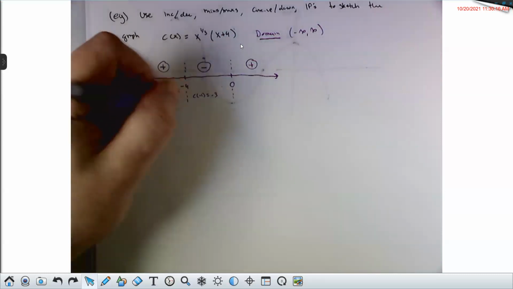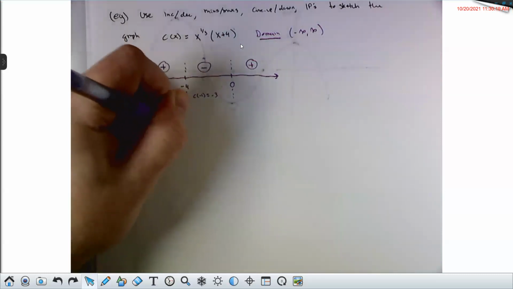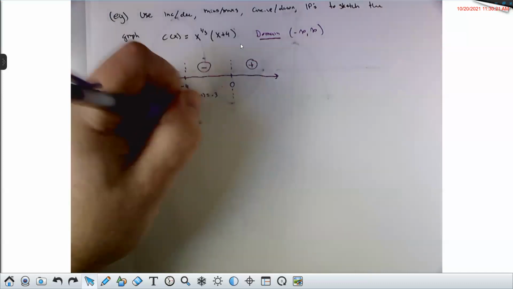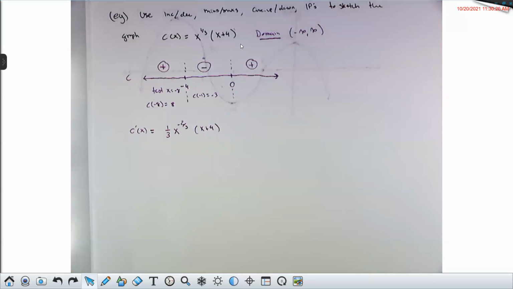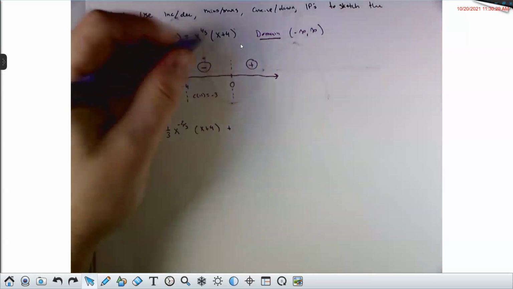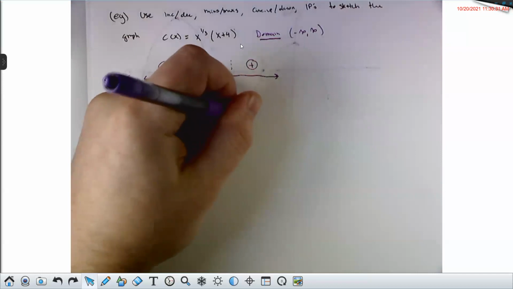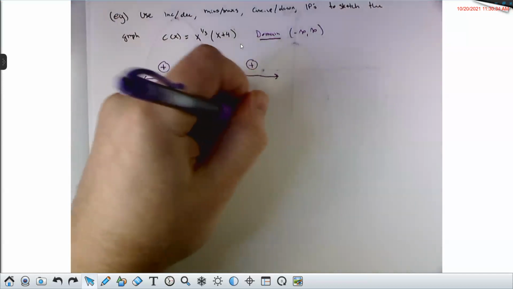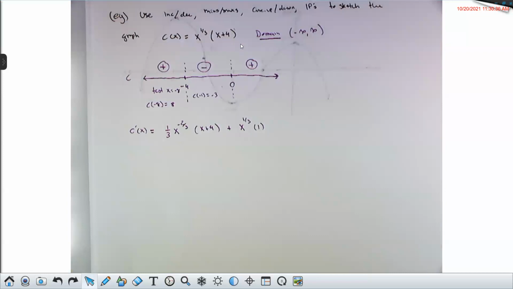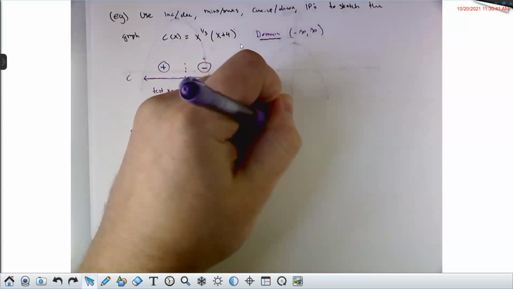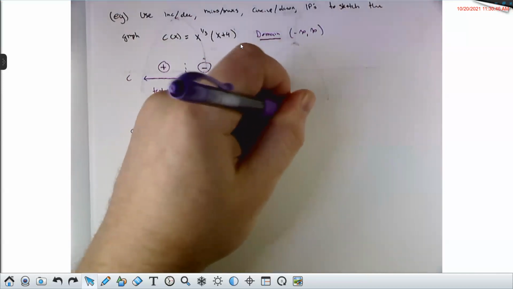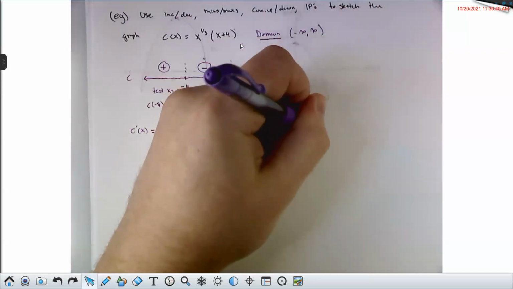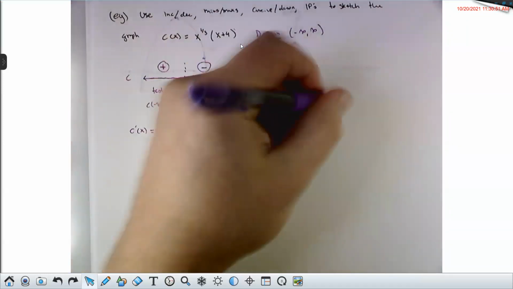First, I'll differentiate X to the 1/3, giving me 1/3 X to the -2/3. The X plus 4 left alone. And then I'll add to that what I get when I leave X to the 1/3 alone and differentiate X plus 4, that's just 1. And then if I force factor out a 1/3 x to the negative 2/3, what would be left here is x plus 4.